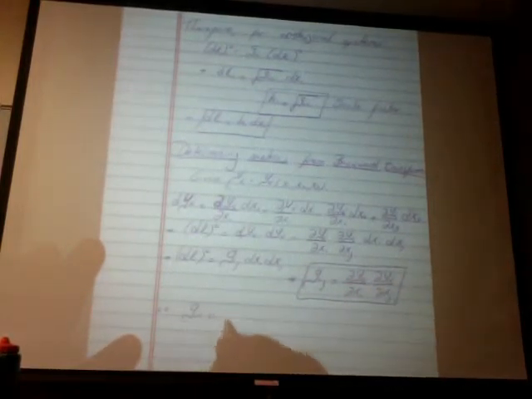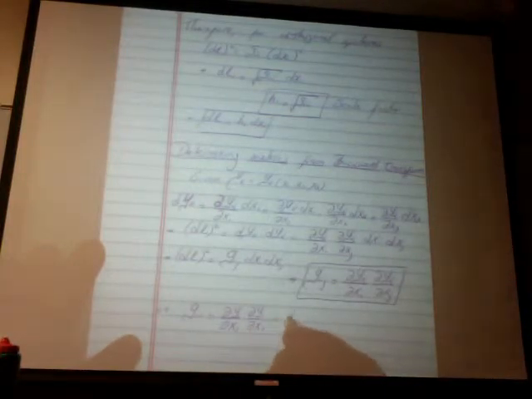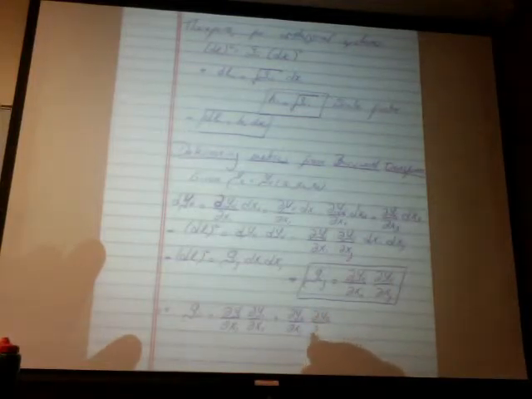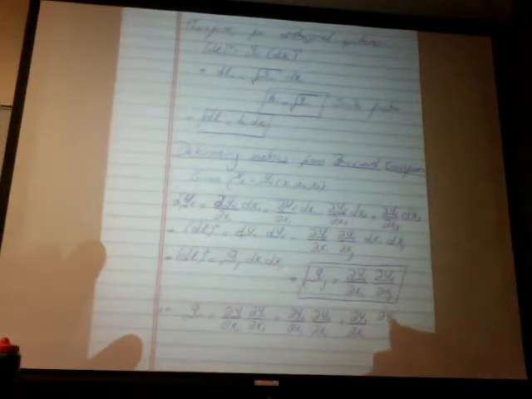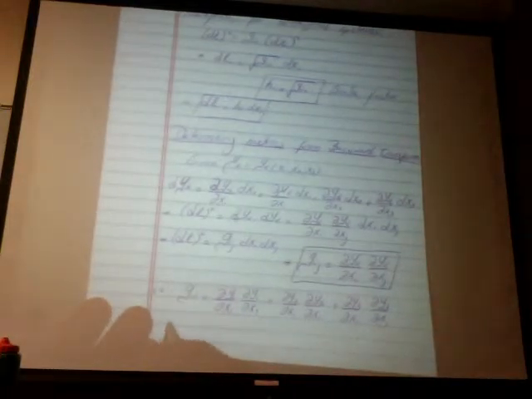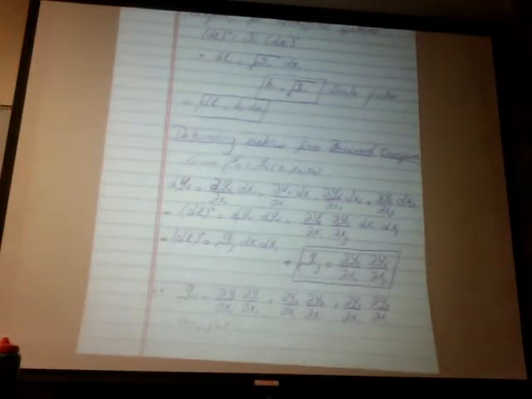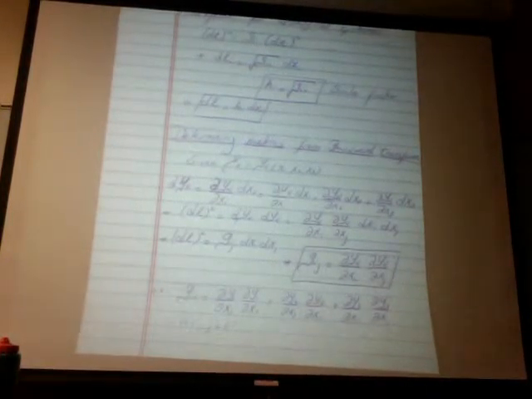It's a repeated index, so that would be dy1/dx1 times dy1/dx1, plus dy2/dx1 times dy2/dx1, plus dy3/dx1 times dy3/dx1. That's such that i is equal to 1, j is equal to 1. And again, k is repeated, and therefore you add up over all the range.